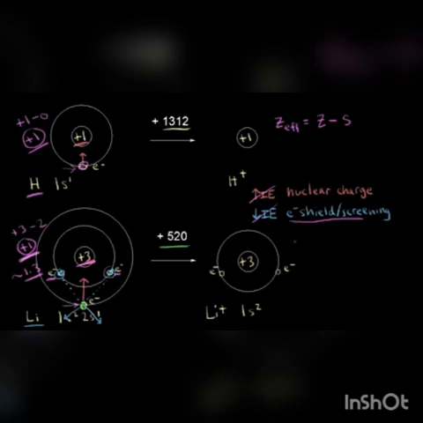The last factor is the distance of that outer electron from the nucleus. Let's think about that. For hydrogen, this electron is pretty close to the nucleus, and the closer it is, the more of an attractive force it has for the nucleus. Once again, in physics, Coulomb's law is distance dependent. The closer you are, the more of an attractive force you will feel.